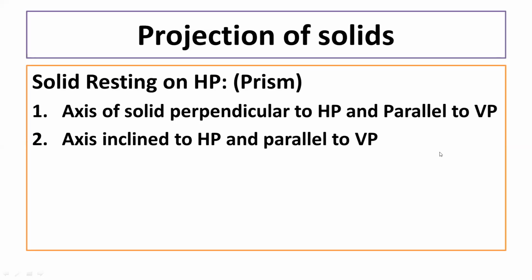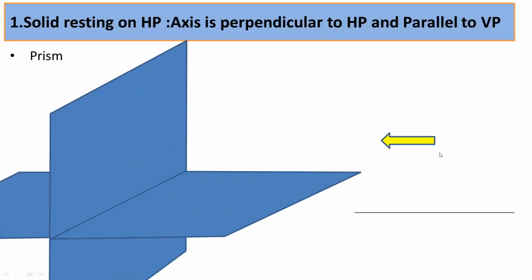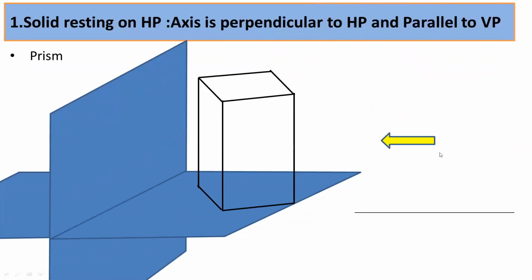So let us see the last problem. This was the first case, where the axis is perpendicular to the HP and parallel to the VP.